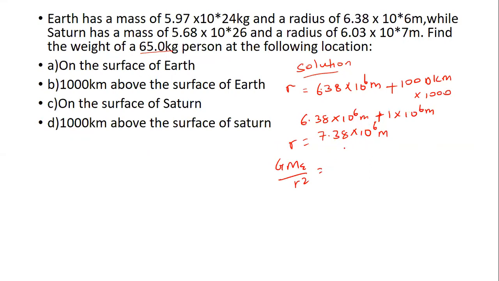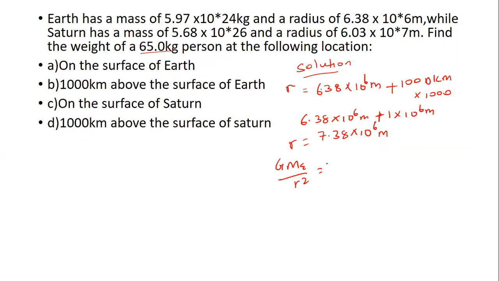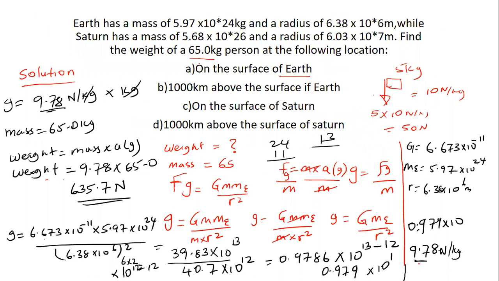So what is the formula here? G M E over R squared. Let's go back and see what the formula is. F, the force of gravity, is this, right? And what is the value of G we already got? The value of g we got is 9.78 meters per second squared.